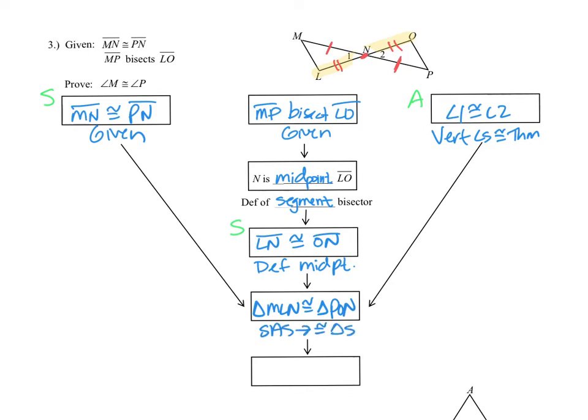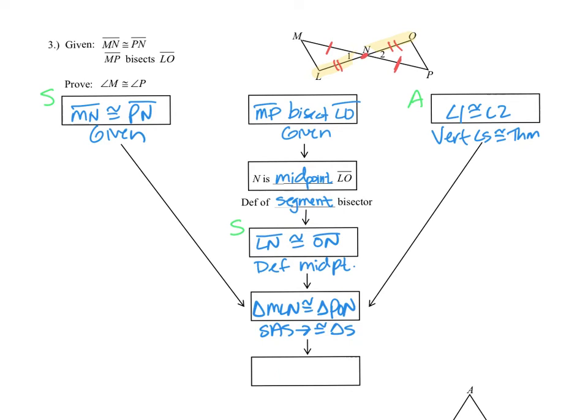All right, now that the triangles are congruent, look at our proof statement. We were to prove that angle M is congruent to angle P. Well, notice that M is the first vertex named here, and P is the first vertex named in the second triangle, so they are corresponding parts of congruent triangles. We've already said that the triangles are congruent.